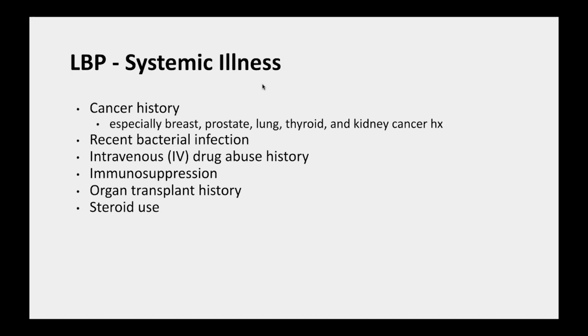And in terms of systemic illnesses, as we mentioned earlier, patients with a history of cancer, patients with recent significant bacterial infections, intravenous drug use or abuse, recent or past, immunosuppressed patients or patients who are on immunosuppressant therapy, organ transplant history patients, and patients on chronic steroids.